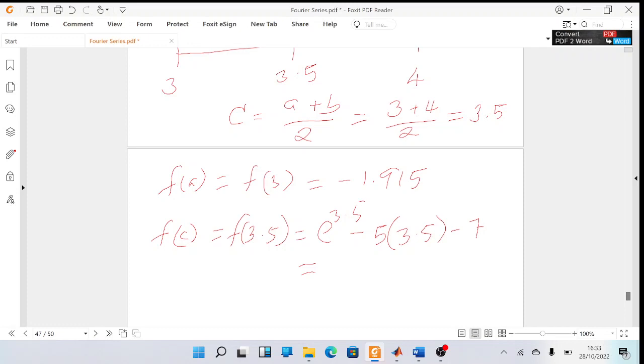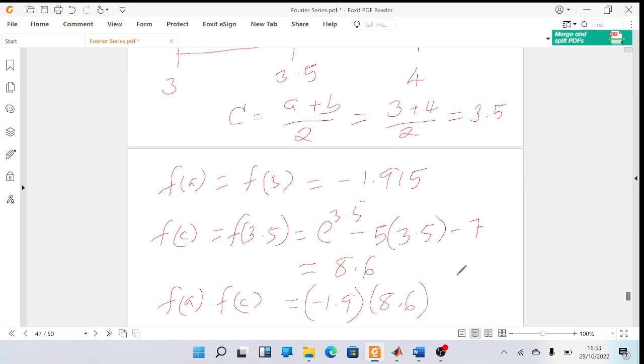And if we work out this, the value of f of C will be around 8.6, which is a positive value. So that f of A times f of C is equal to negative 1.9 approximately, multiplying 8.6.